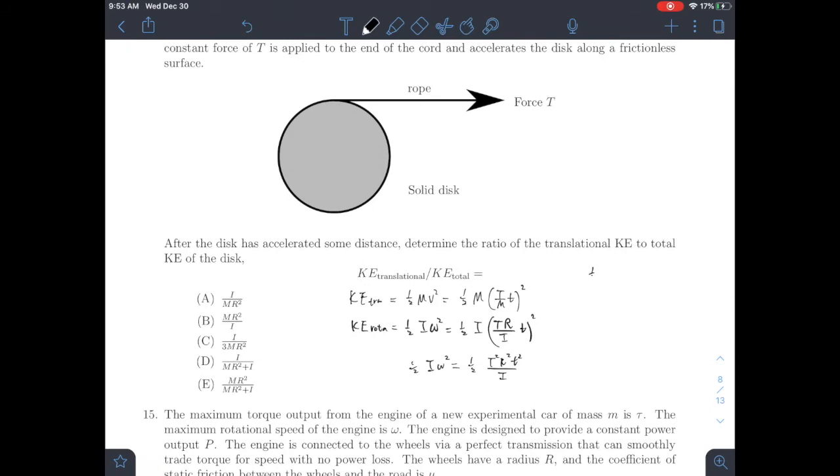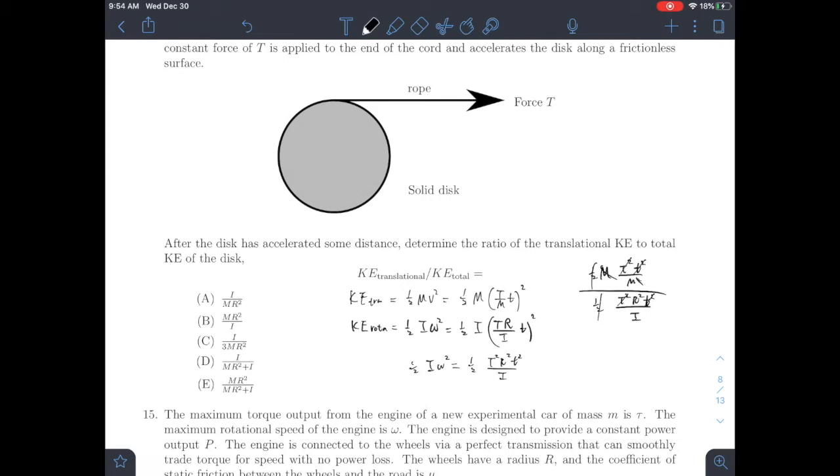So we have 1/2 m (T over m t) squared over 1/2 I (Tr over I t) squared, plus 1/2 m times (T t over m) squared, right?